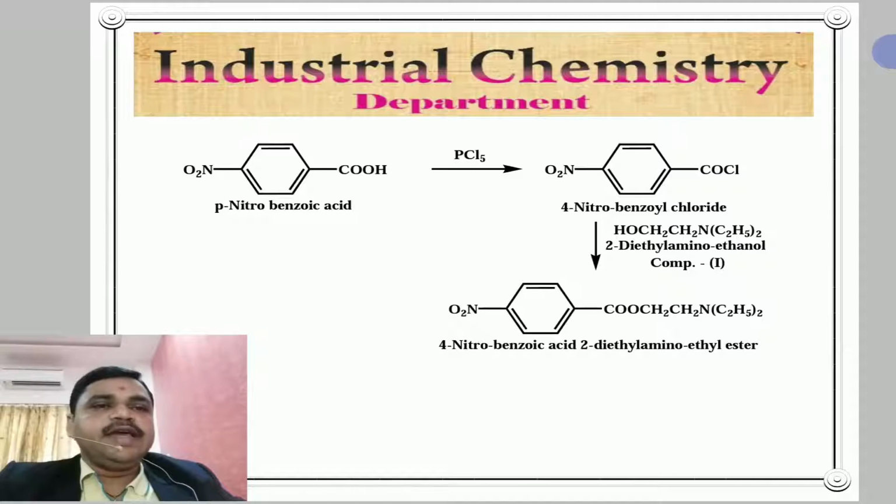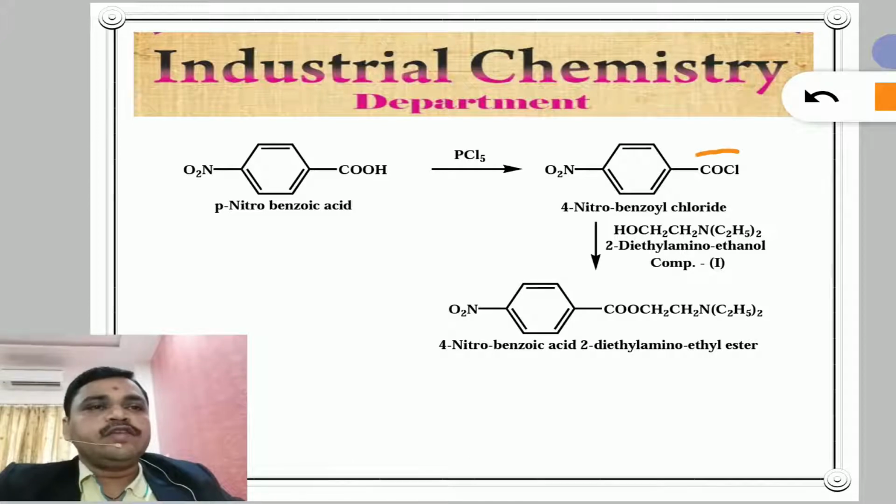So we get 4-nitrobenzoic acid 2-diethylaminoethyl ester. Here the reaction takes place between this COCl and this OH.